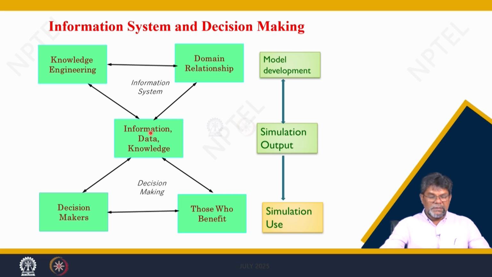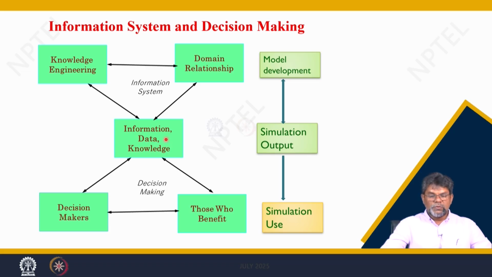Once you have the information, then the information has to percolate to the end users. The end users are the decision makers, policy makers, or those who benefit, maybe the farmers, scientists, or researchers working in the field.